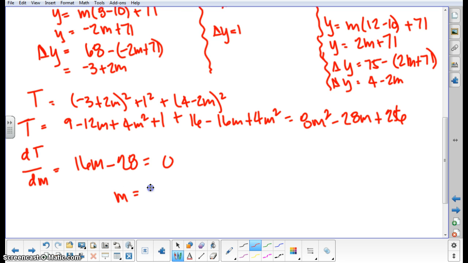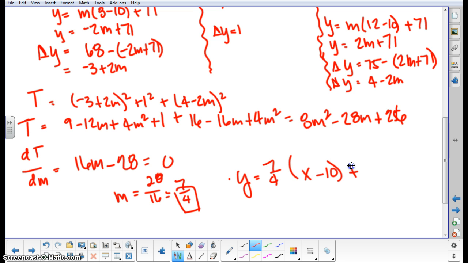If we solve for m, we get 28 over 16, which is 7 over 4. So our slope on that line is 7 over 4. We now have the equation for the line: y is equal to 7/4 times x minus 10, plus 71.